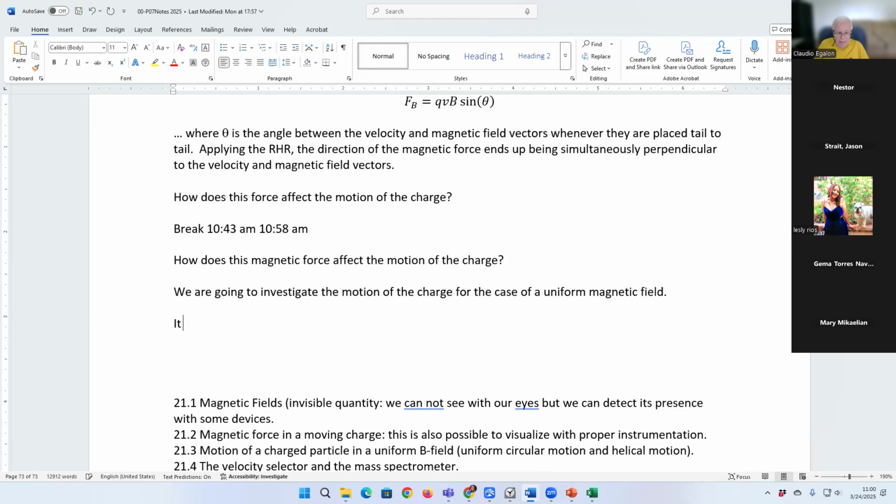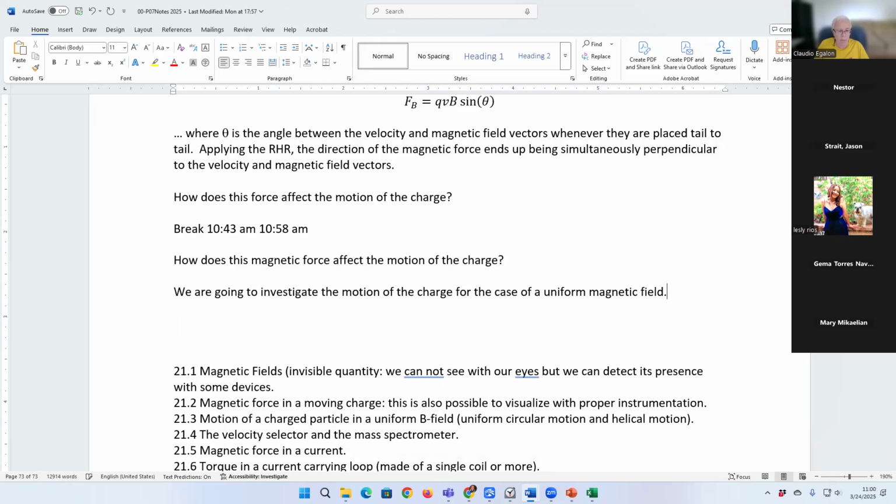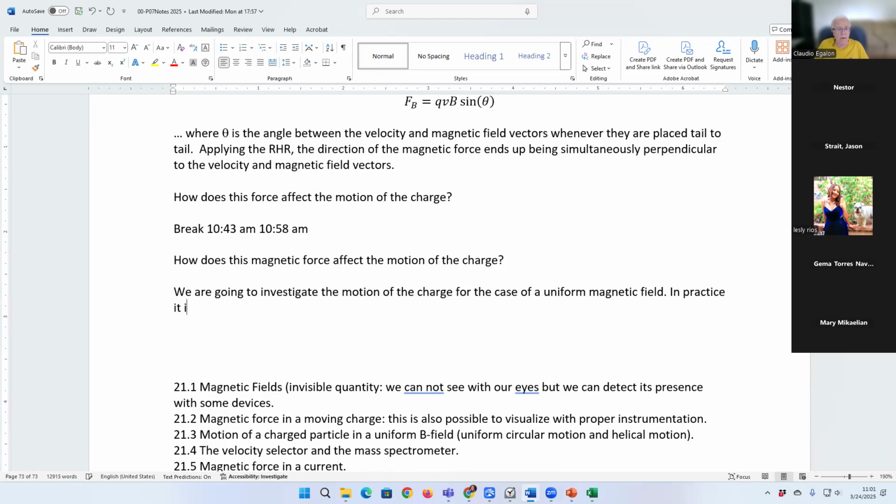Let's write it down. In practice, it is possible to generate a uniform B field, and we will see how to do that later in the course.